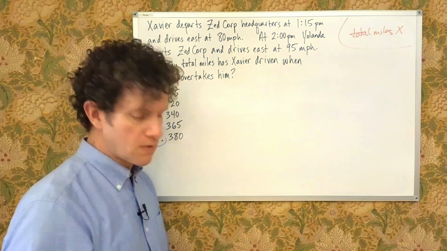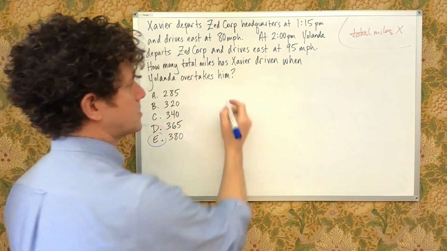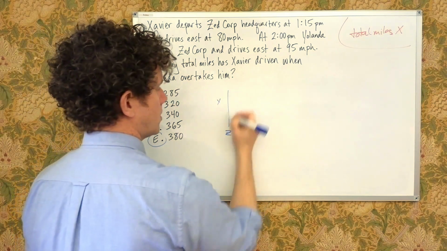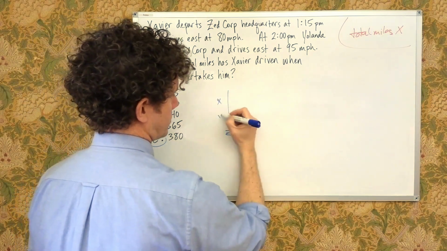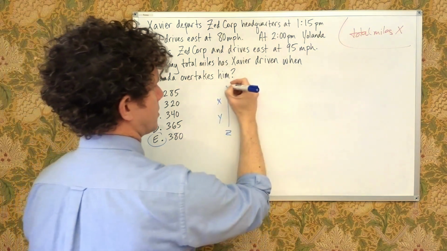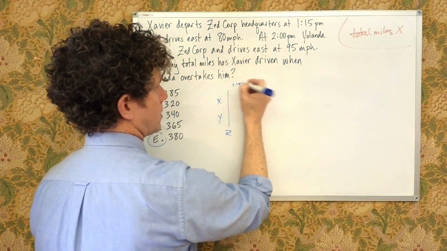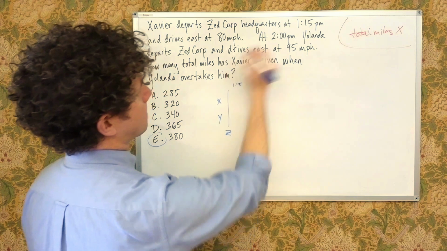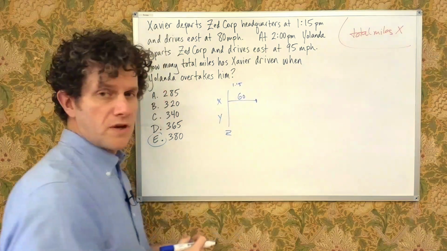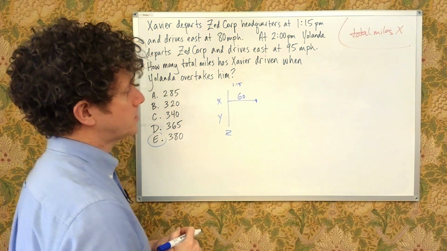So let's consider, once again, we've got Z Corp headquarters, we've got Xavier, and we've got Yolanda. So here we are starting at 1:15, and in that first 45 minutes, he covers 60 miles.